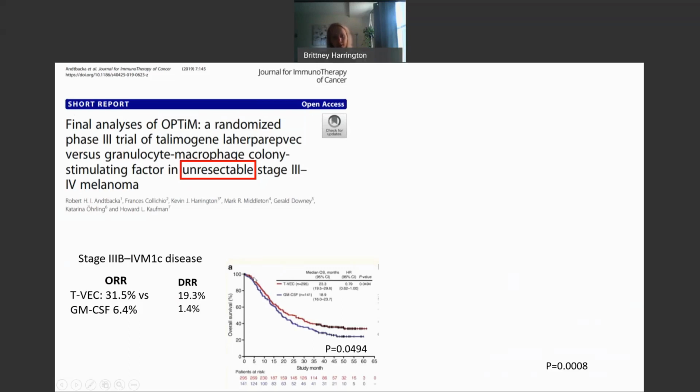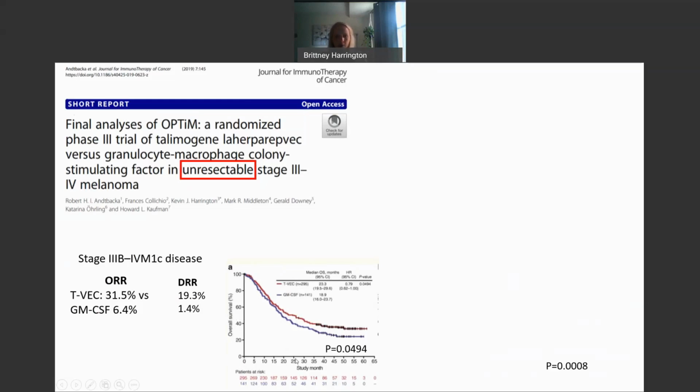In the red line, these are the TVEC-treated patients, and the blue is the GM-CSF patients. And the standard is basically 50% survival. So 50% of all patients treated with GM-CSF will survive approximately 20 months, whereas those treated with TVEC will be over 25.